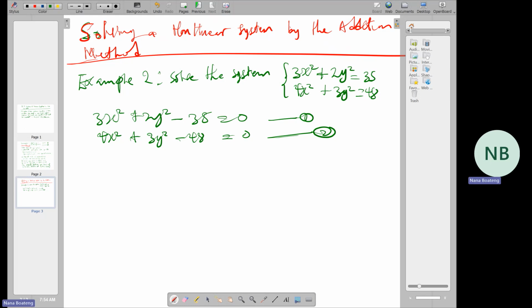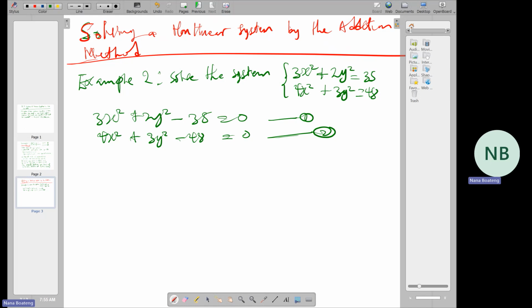We can decide to eliminate the x term first or the y squared term first. So let's eliminate the y term first. To do that, we will have to multiply the coefficients of the y squared in both equations by numbers such that they become the same in both equations.